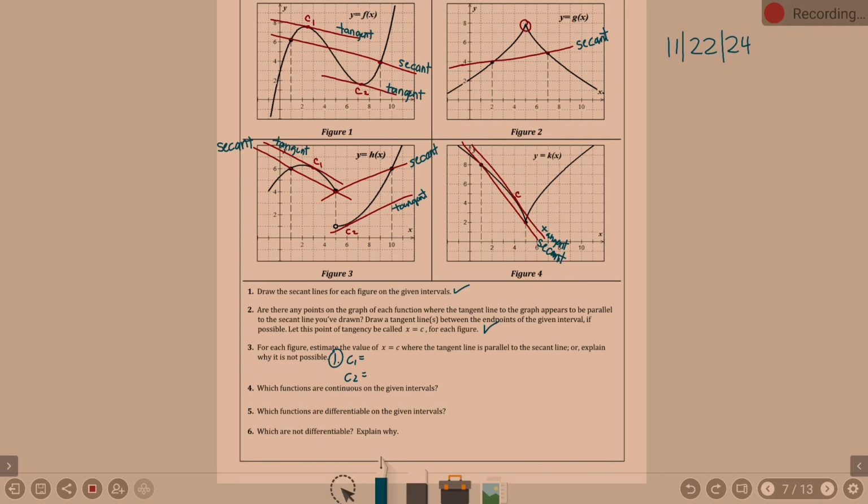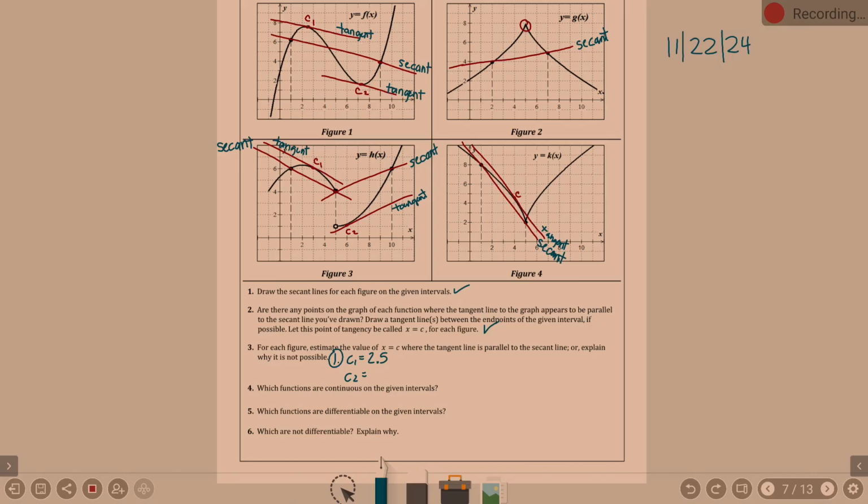Where do you think C1 is? What x value is that at about? Like 2.5. Yeah. I have 2.5 in my notes, and I wasn't even looking at my notes when I drew that. I was just ballparking it. What about C2? Mine's a little past 7. 7.25. Yeah.